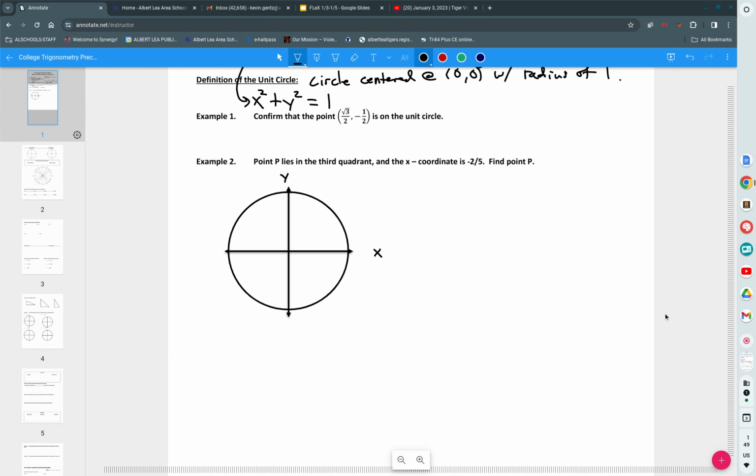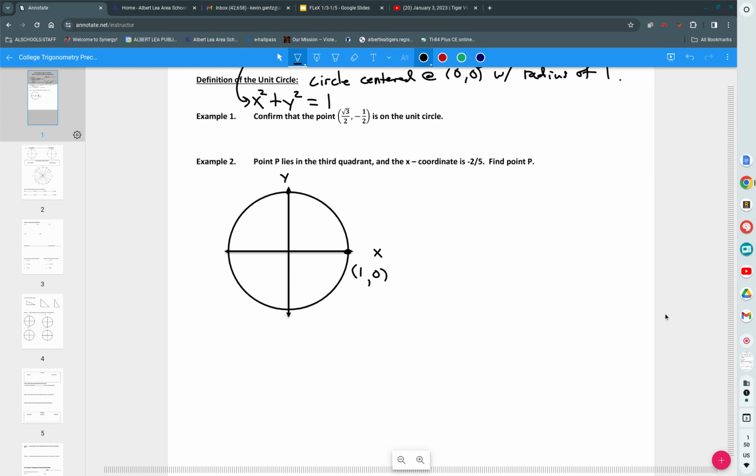This is the y-axis. Anybody know at what coordinate the circle would intersect right there? 1, 0. You will continue to produce this over the course of the entire year, as well as when you take calculus. This is something that stays with you a long time.